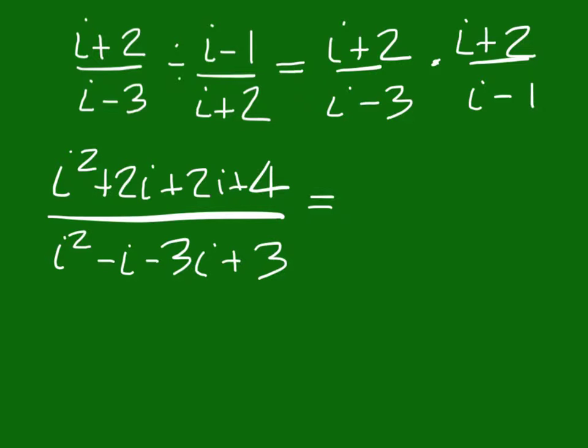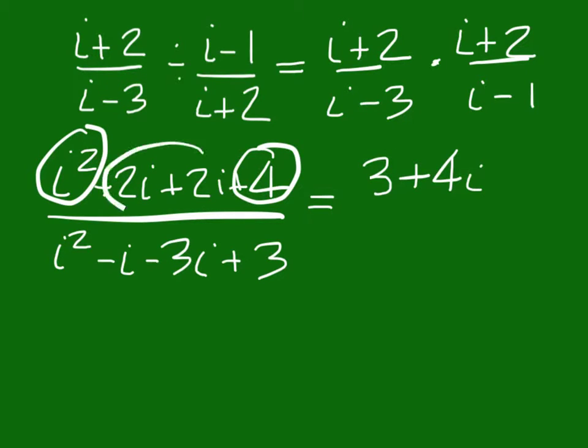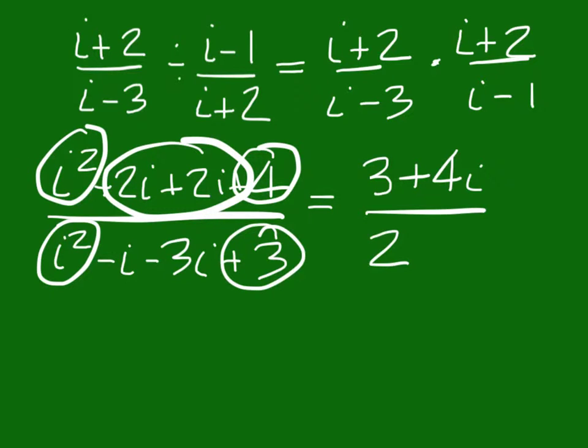So you're going to have i squared, which is a negative 1, with that 4 is going to be a 3, and then plus 4i. That comes from the two i's. And then on the bottom you have i squared, that's a negative 1, with that 3 becomes 2, and you have i minus 3i, which is minus 4i.